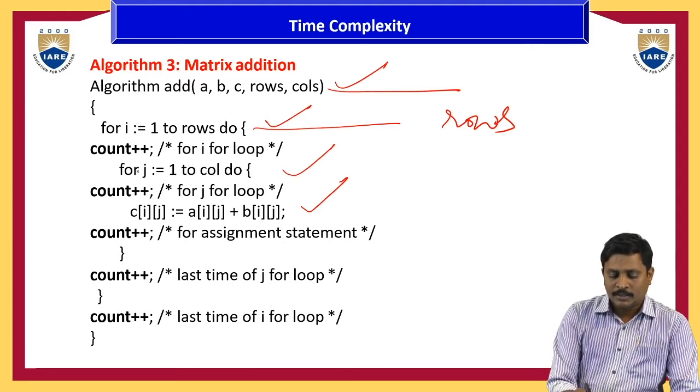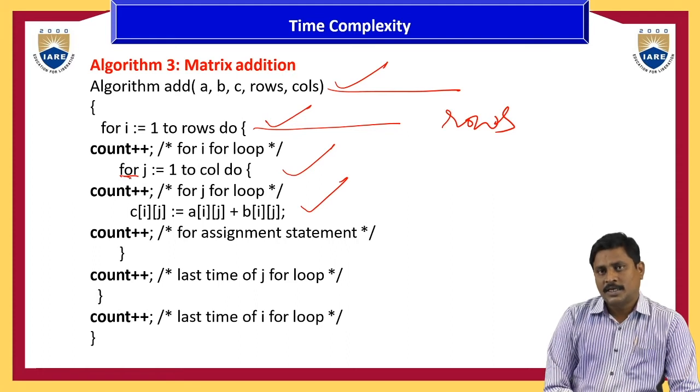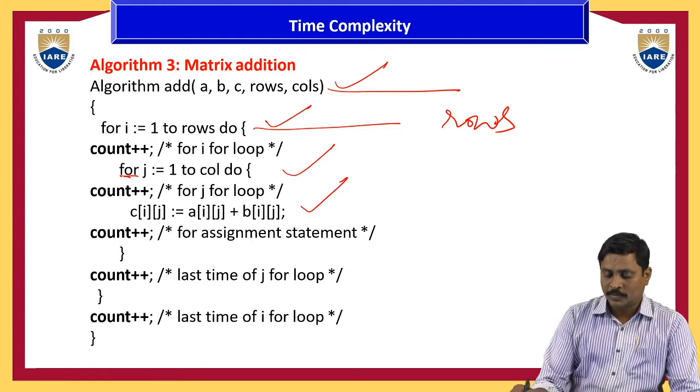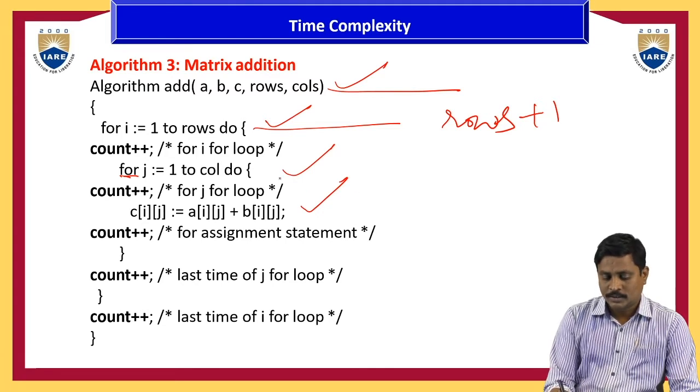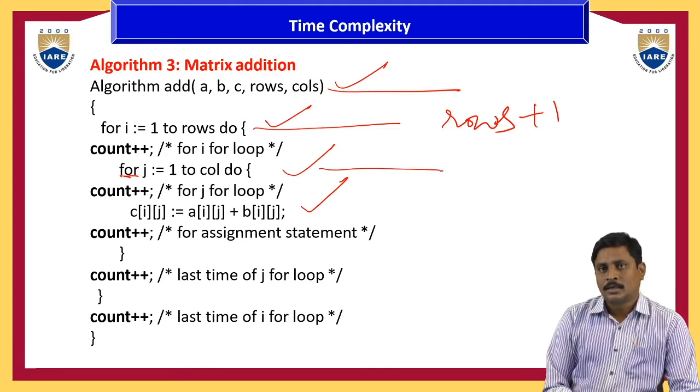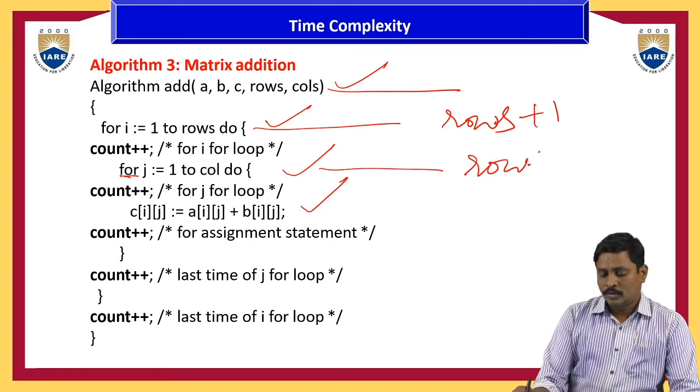Under this one, this for loop is there. For j equal to 1 to columns, it repeats rows times and also columns times. Rows plus 1 times this one repeats. So the for loop runs 1 time and also rows times. The second for loop repeats rows into columns plus 1 times.